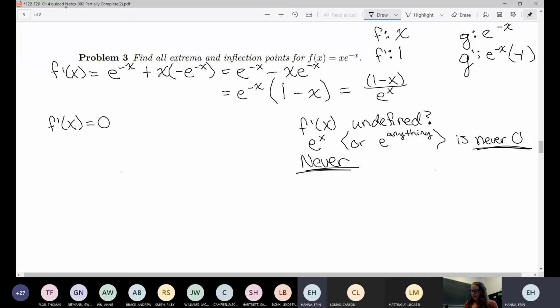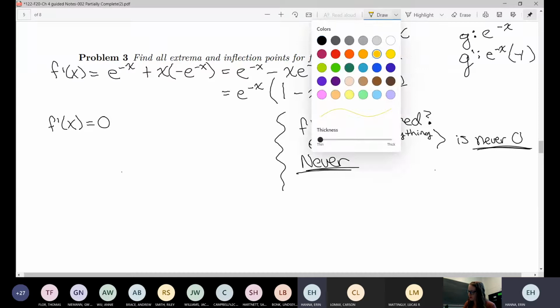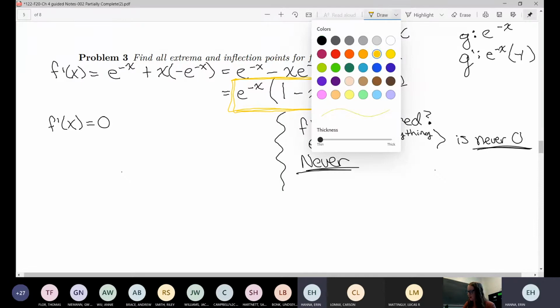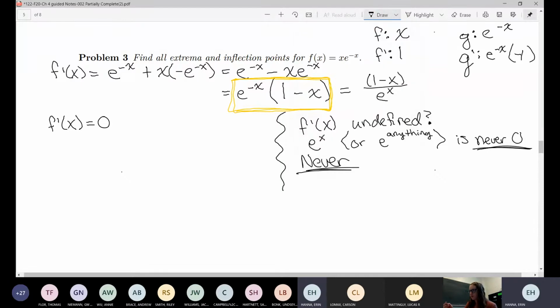So if we wanted to set the derivative equal to 0, let me go back to using this form again. Pretend we didn't change it over to a fraction and we're looking at the e to the negative x times 1 minus x form. Since that's a product of things, we would need each piece set equal to 0.